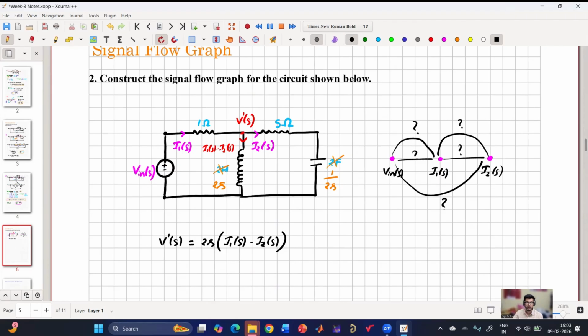Now similarly, in the exact same way, I can get it from V input also, right? What is my V dash of S? V dash of S is V input of S minus I1 of S. Agree?